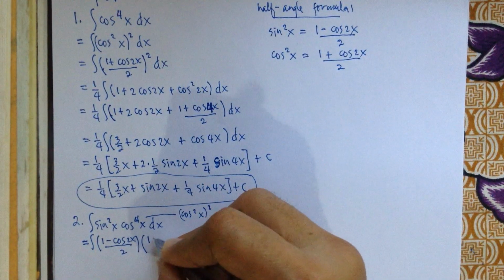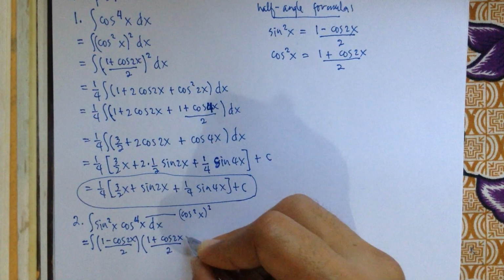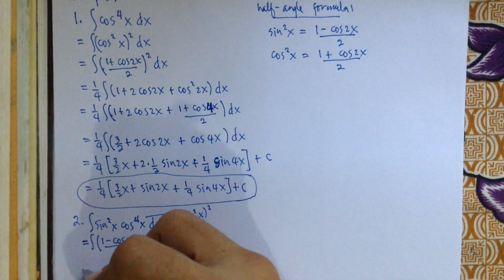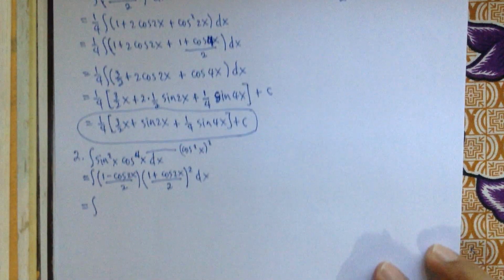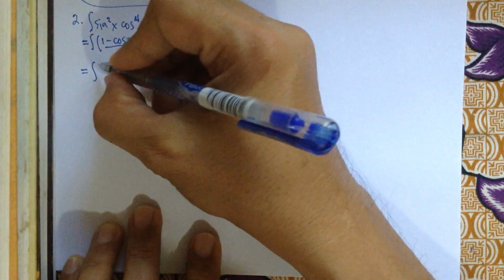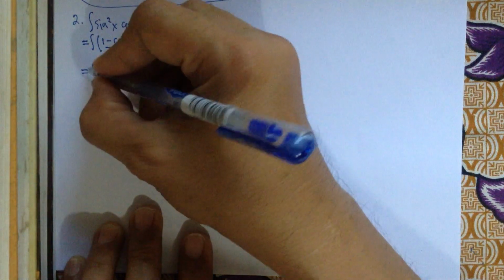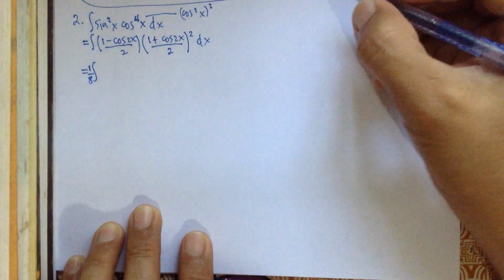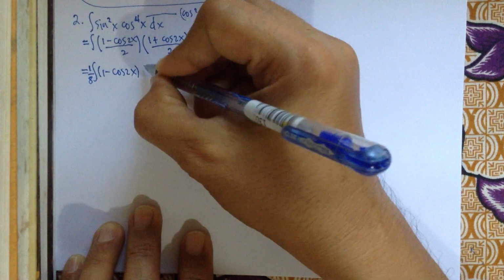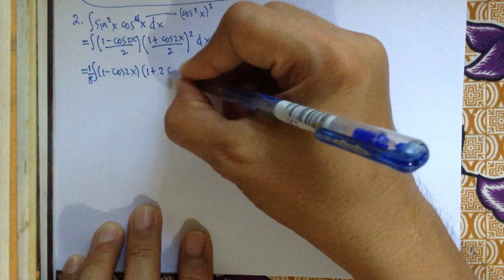So this is 1 plus cosine 2x over 2 quantity squared and then dx. Okay, after that we simplify. Of course, this is 4, this will become 4 now, and this is 2, so you should have 1 over 8 outside.